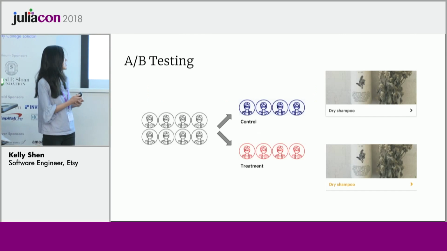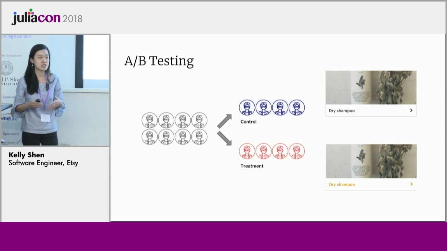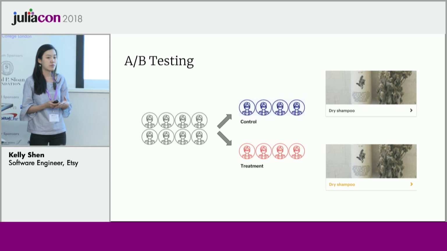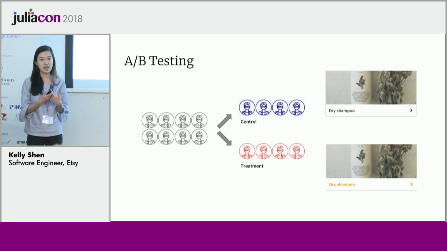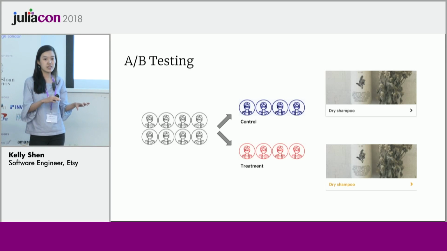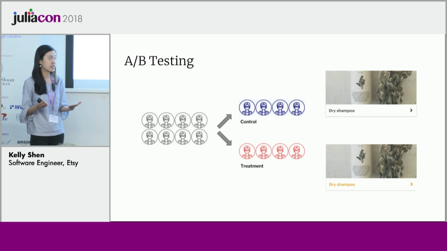What is A/B testing? A/B testing is where a company wants to assess if a change of feature or algorithm is effective or not. When a user goes on our site, they can be bucketed into either one or multiple experiments, depending on the mutual exclusivity of the experiments. And once they are bucketed into an experiment, they can be in either the control or variant group, and there can be more than one variant.